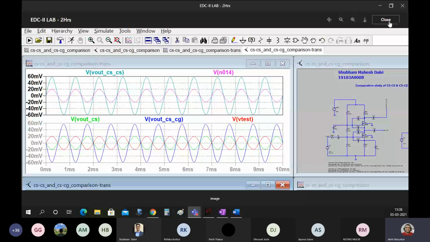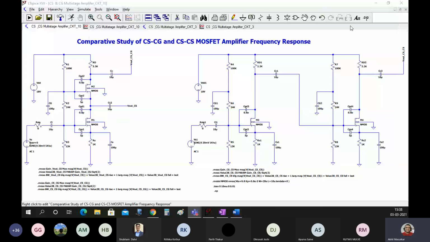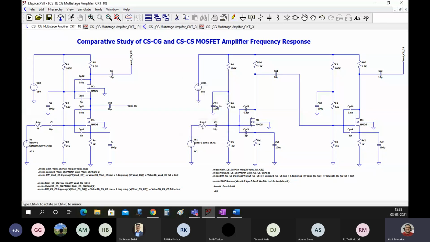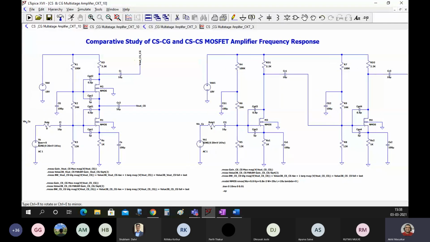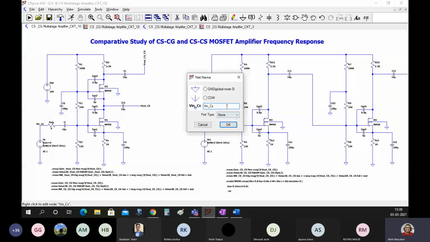We'll name this as Vin_CS, we'll call this Vin_CS_CG, and this we'll call CS_CS.